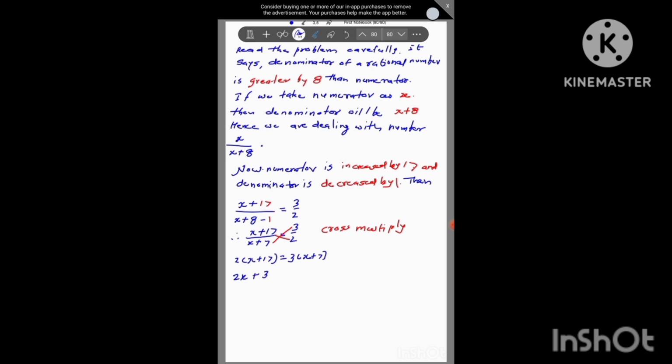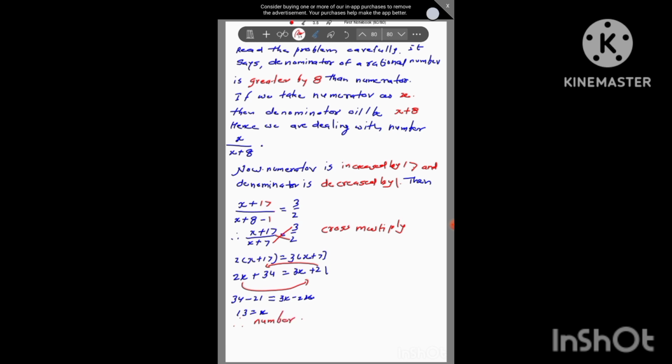If we have enough practice, some of these problems can be solved literally orally. Okay, then we are transferring x to one side. This time it is convenient to transfer x to the right hand side and the constant to the left hand side. So we are doing it. So we get x equal to 13.